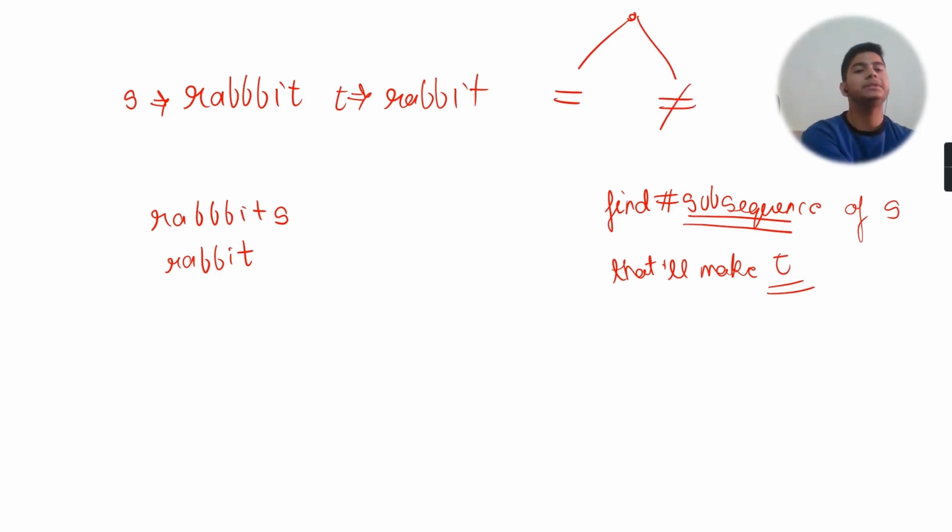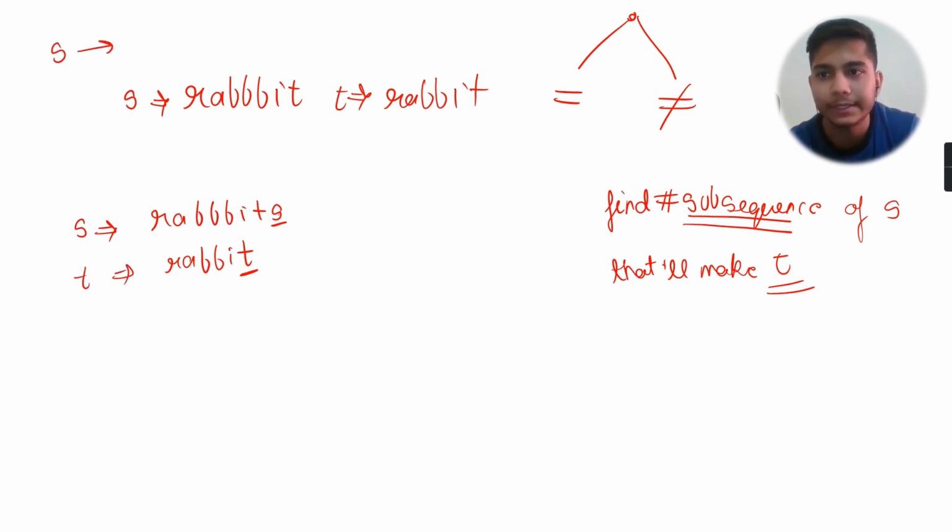So we have to see what to do in the case of equal and what to do in the case of not equal. Suppose s and t are not equal. In that case, we have to convert s to t.